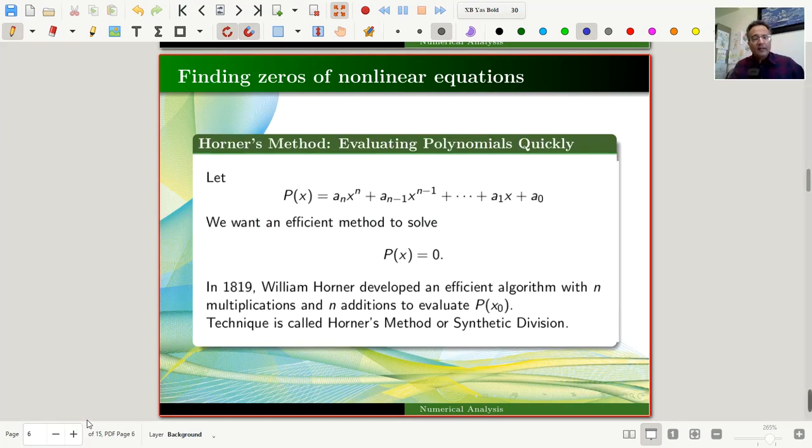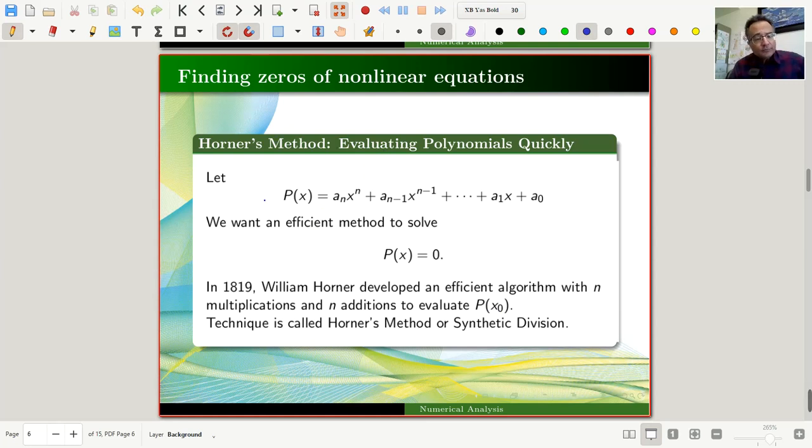But let me start, in fact, my main topic today. There is a technique called Horner's method. Horner was a mathematician who invented this technique. The Horner technique is a very simple and fast method for computing p of x and p prime of x at every point, for example, x0.